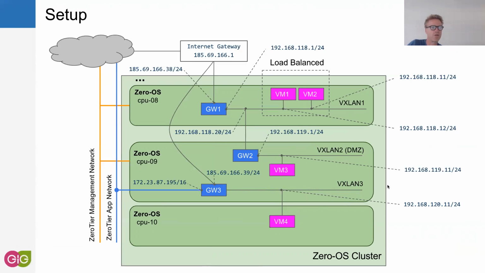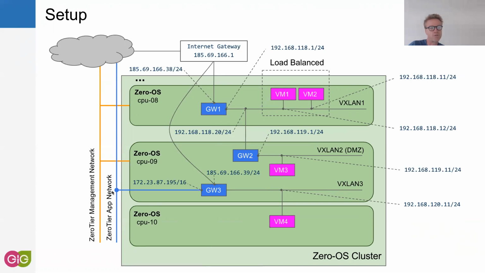Now, what is so special about this configuration? We have been talking about VXLAN and VLAN, and we are now adding this blue line here that allows you to connect a virtual private network, a VXLAN living somewhere in the cluster, directly to your machine.